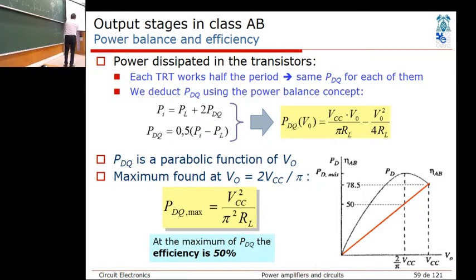Okay, so we get the maximum efficiency at close to VCC. That's where the maximum efficiency happens.